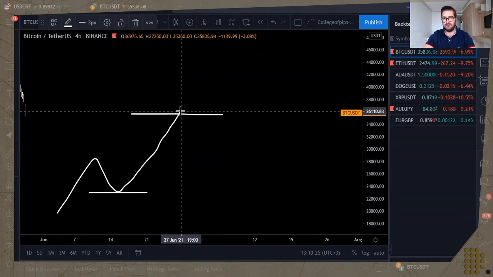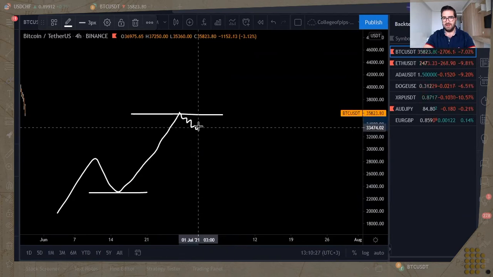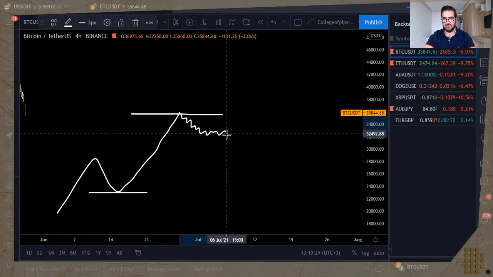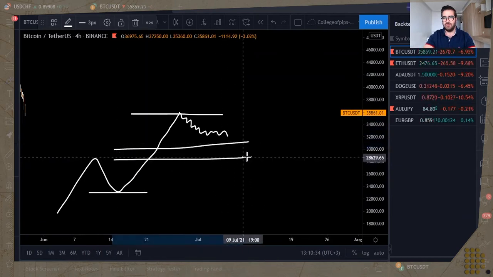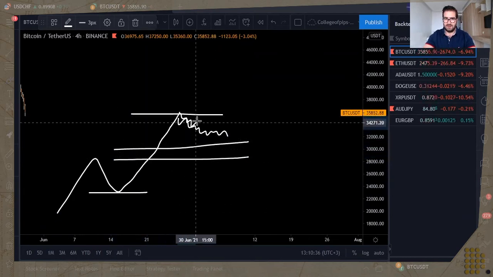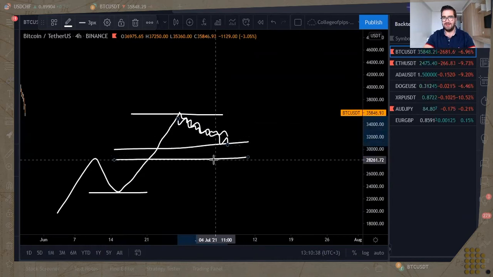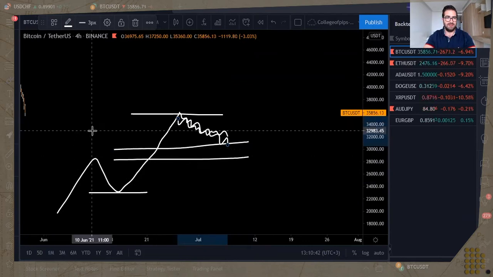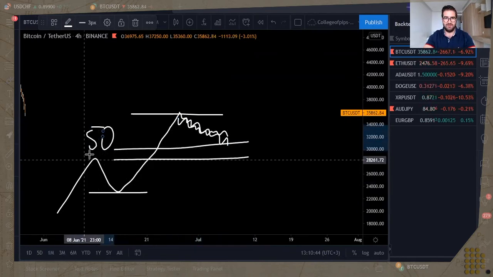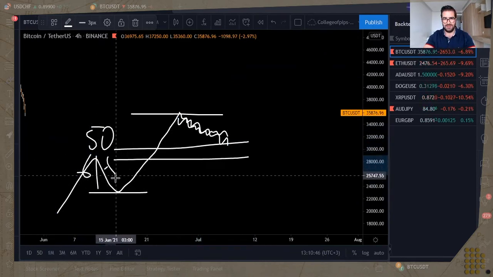And then you will wait to see the market making a correction. So the Fibonacci will help you to know where most probably the market will end this correction, or where this correction might end. Usually the correction ends around the 50 and the 61.8.